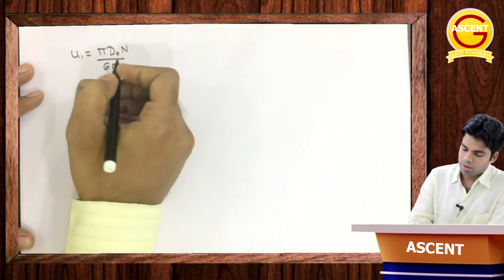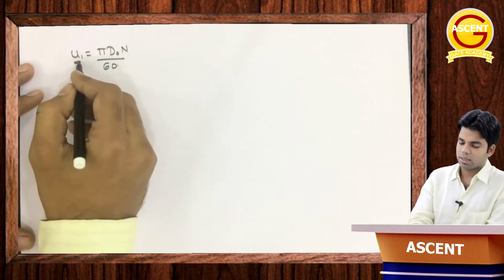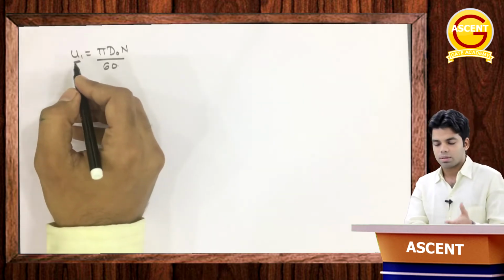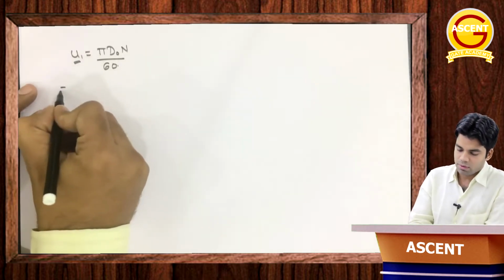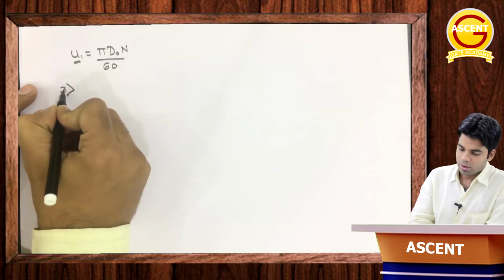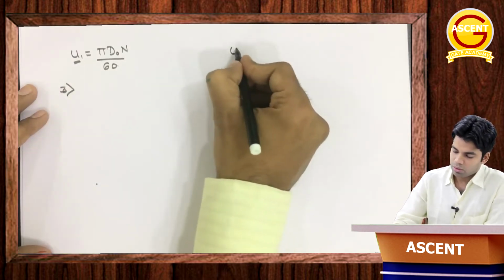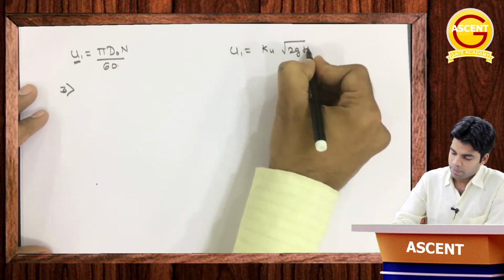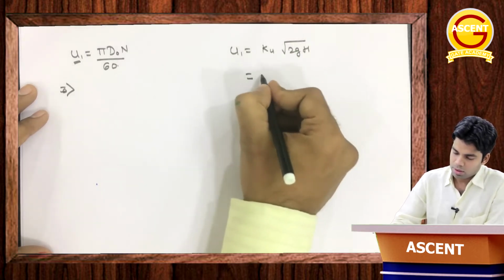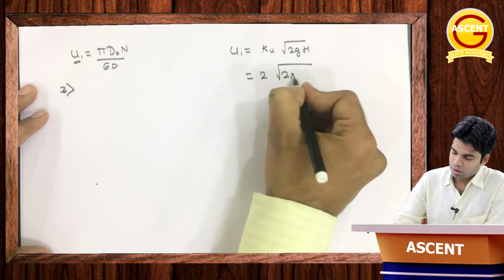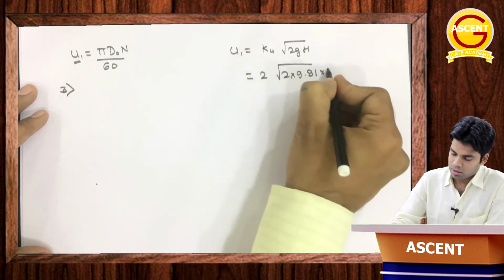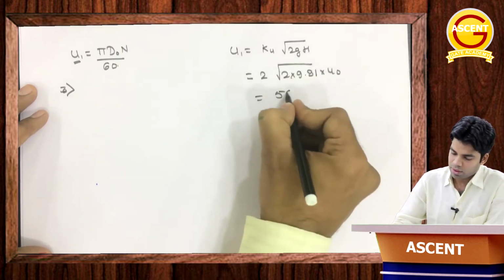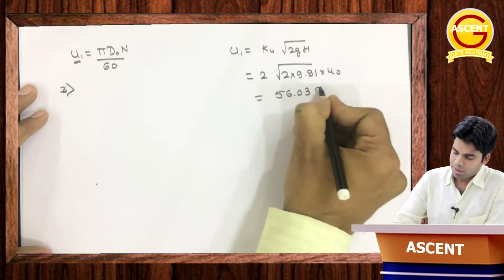In this formula, as I told you, u1 is taken as the tangential velocity at the outer tip. So how can you determine this u1? This u1 is equal to Ku under root of 2gh. Now just put the value. This is 2 under root of 2 into 9.81 into head is 40 meter. So this will be equal to 56.03 meter per second.